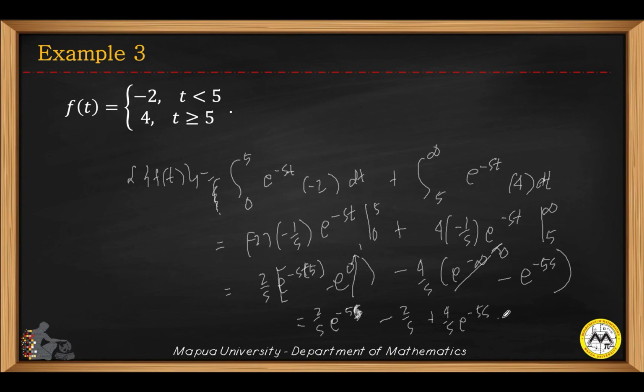So we have 4, so this is 6 over s e to the negative 5s, and then minus 2 over s. You will observe that you get the same answer.